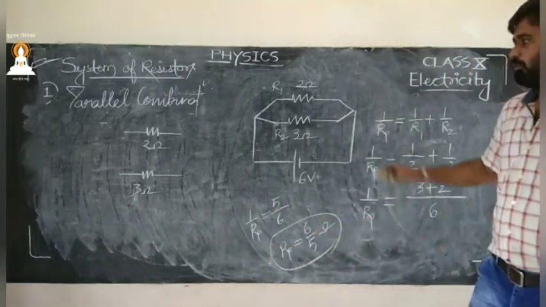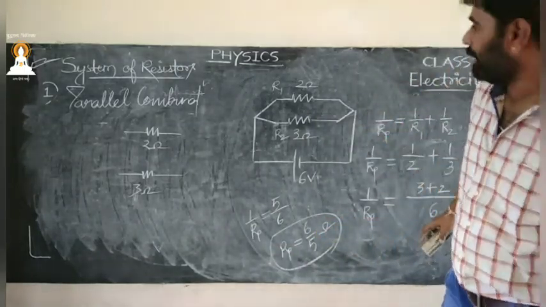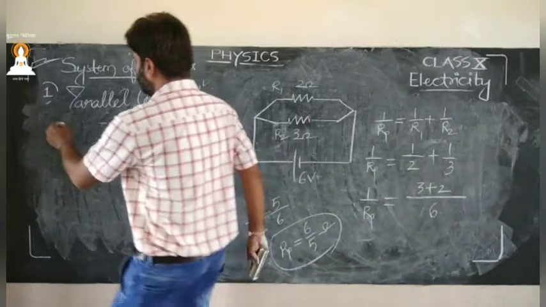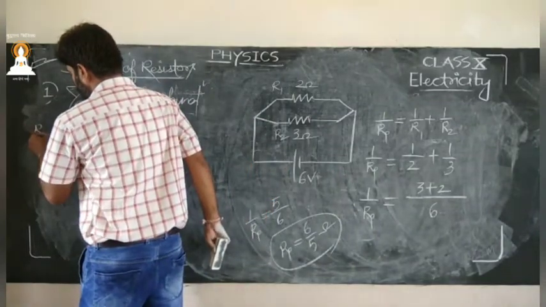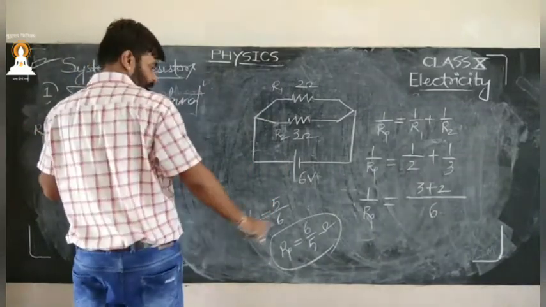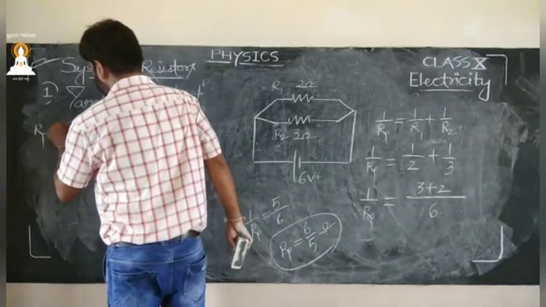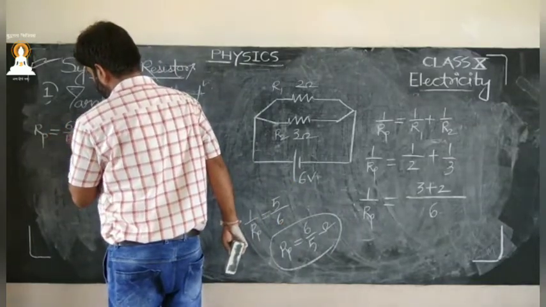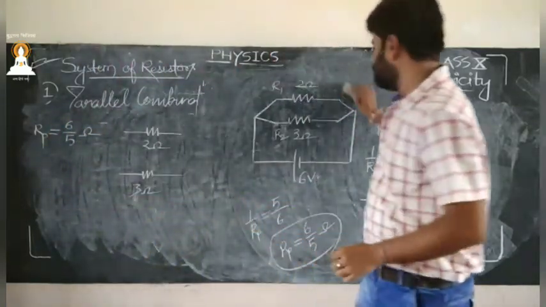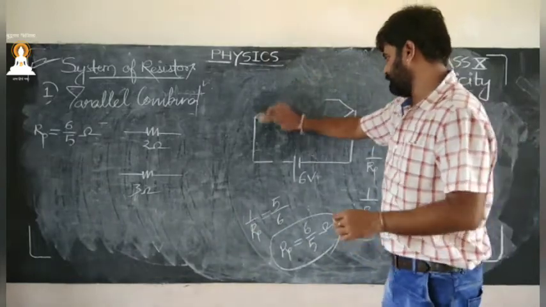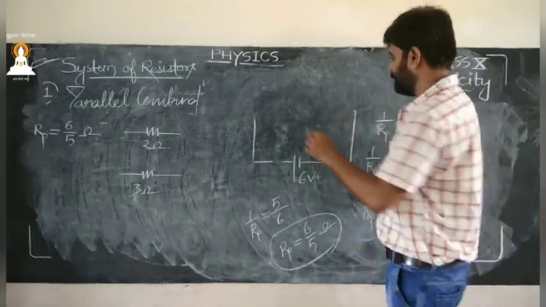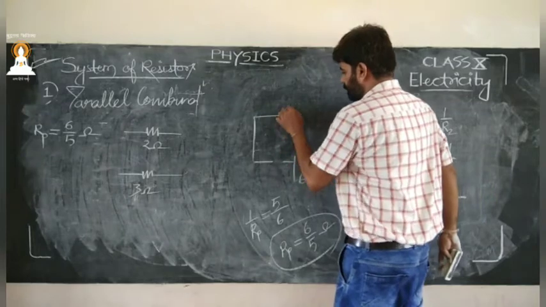Yes, so let me write it on one side. Later on we will discuss. So RP is 6 by 5. Now at the same time, if I connect them in series, then how will they be connected?